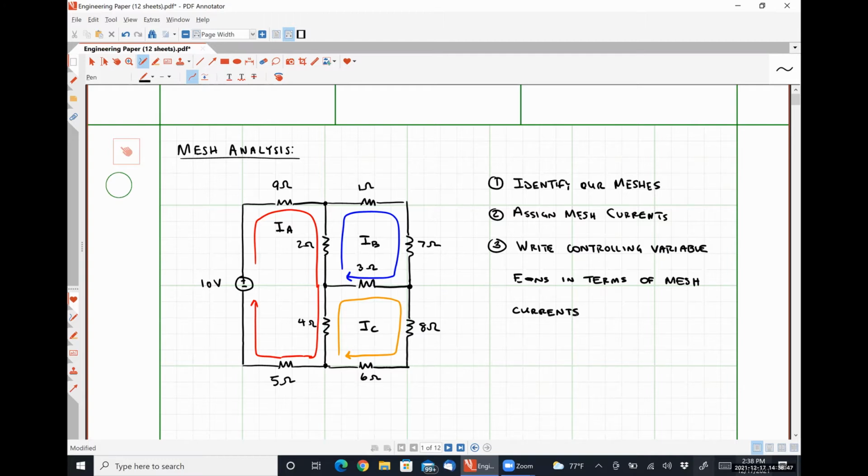And then our 4th step is where the bulk of our analysis will come in. So step number 4 will be to write a KVL equation for all meshes.